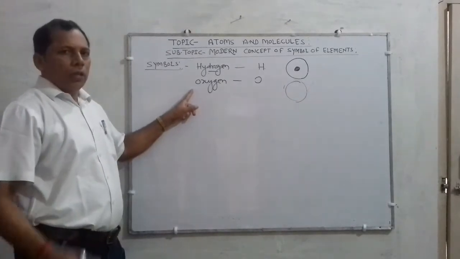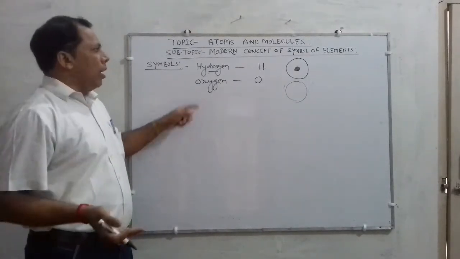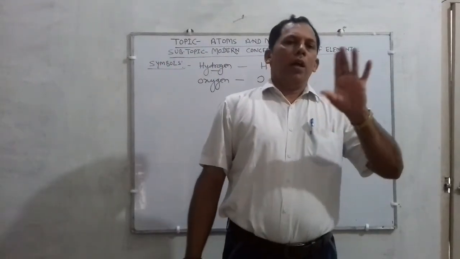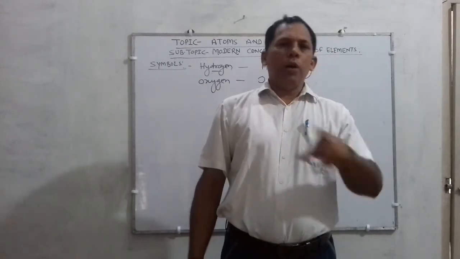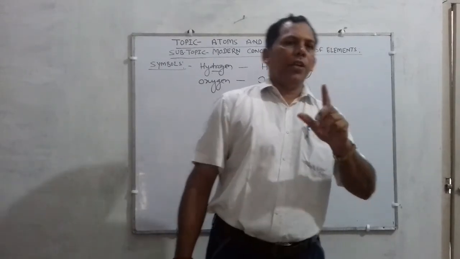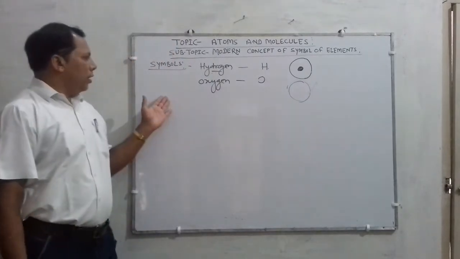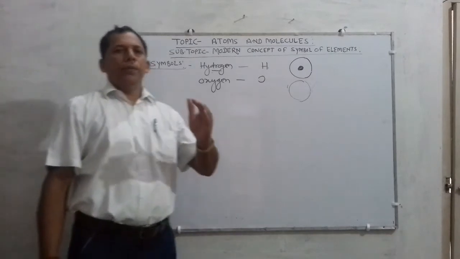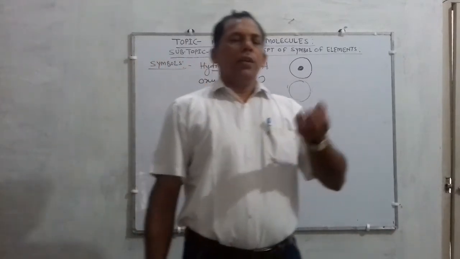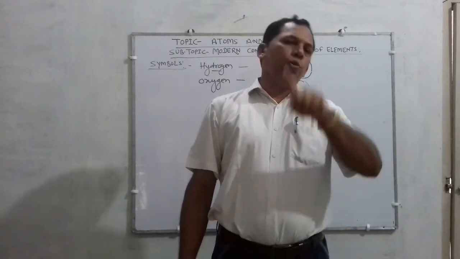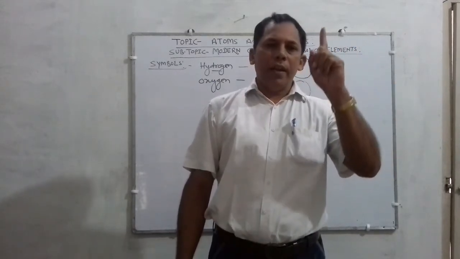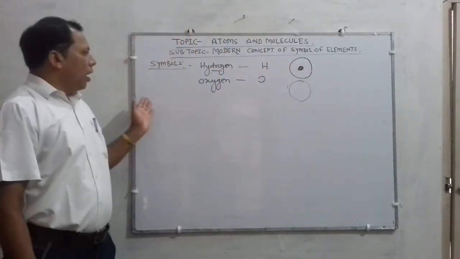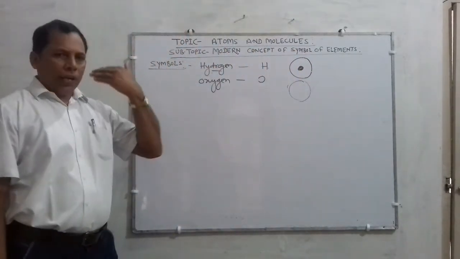But for the symbol of those elements in which the first letter is the same for two or more elements, listen sincerely, children. In the representation of symbols of the elements, if the first letter is the same for two or more elements, then in that case the symbol of the element is written in a two-letter system.